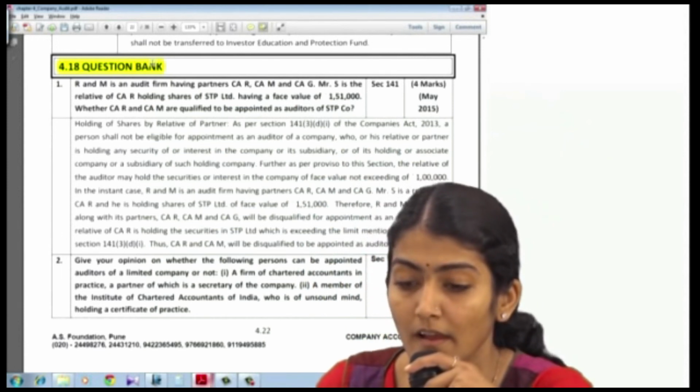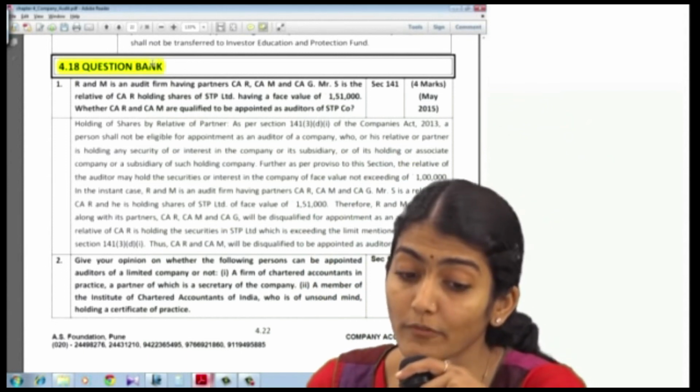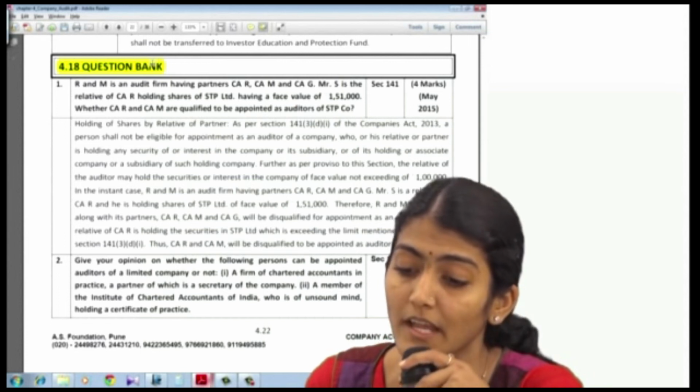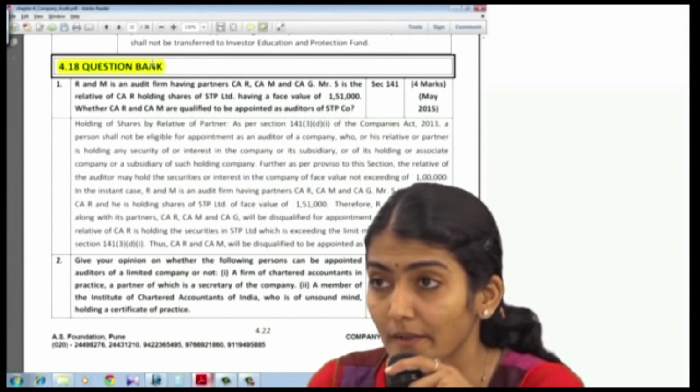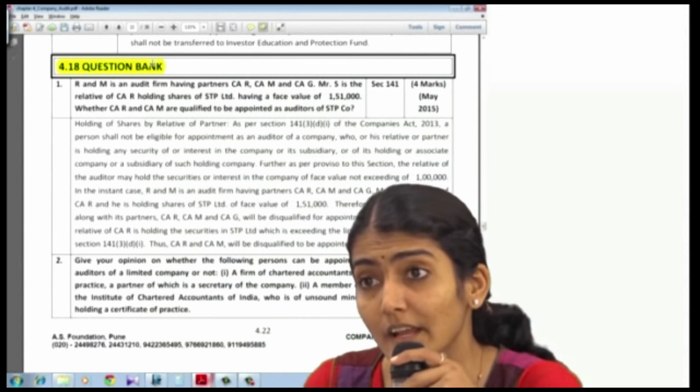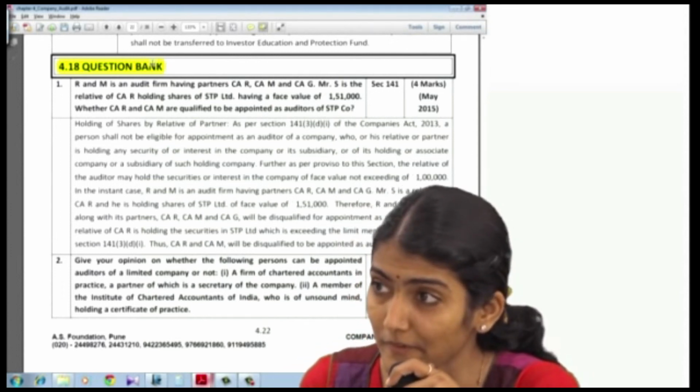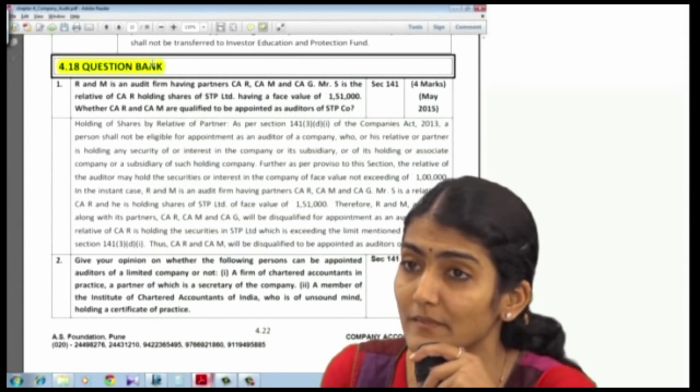What does it say? S, relative of R, is holding shares of STP having a face value of 1,51,000. That is, a relative holding securities in the company of a face value exceeding 1 lakh. Relative can hold up to the face value of rupees 1 lakh.